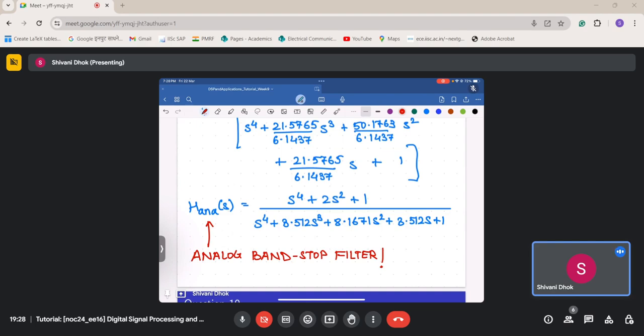Is this part clear? Any questions in this part? Okay.